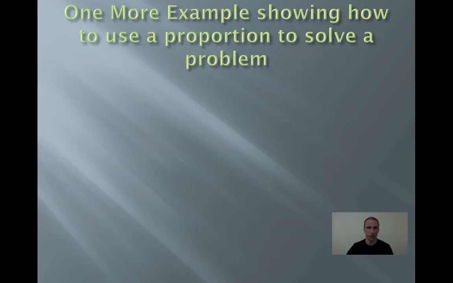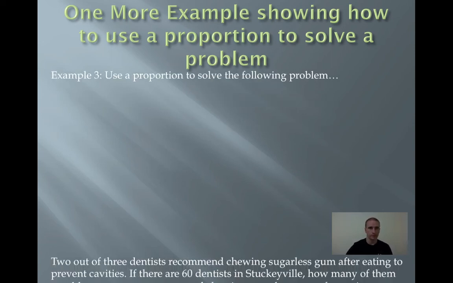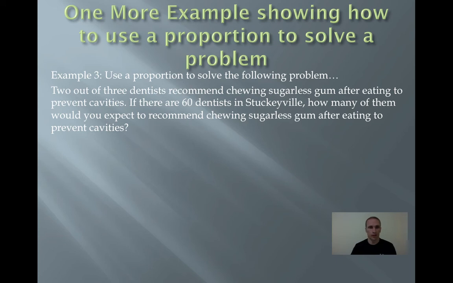Let's take a look at one more example to show how to use a proportion to solve a problem. So in this example, we have 2 out of 3 dentists that recommend chewing sugarless gum after eating to prevent cavities. If there are 60 dentists in Stuckyville, then how many of them would you expect to recommend chewing sugarless gum after eating to prevent cavities?